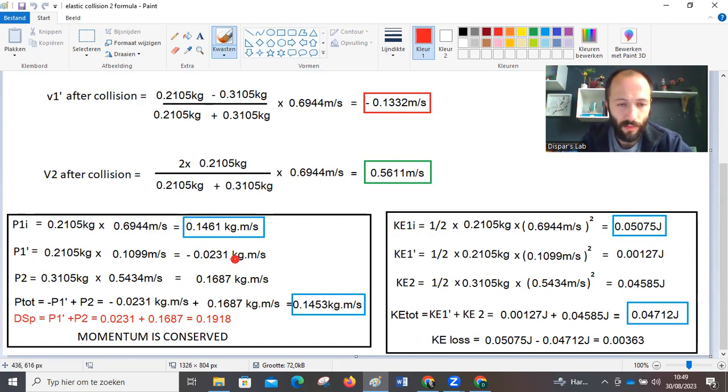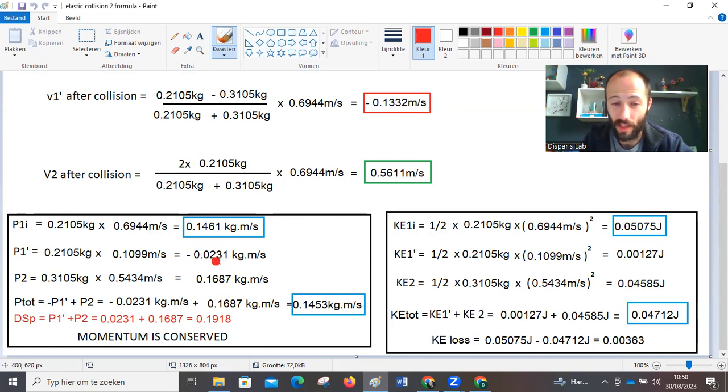So now we have to add these together. We have to do minus 0.0231 plus this one, 0.1687. So we have minus plus plus. Or you can also do it the other way around: 0.1687 minus 0.0231.